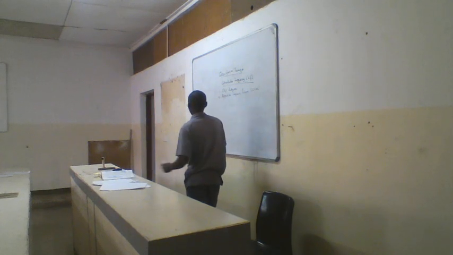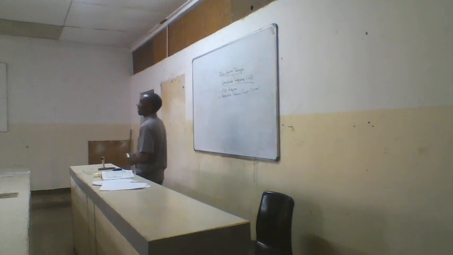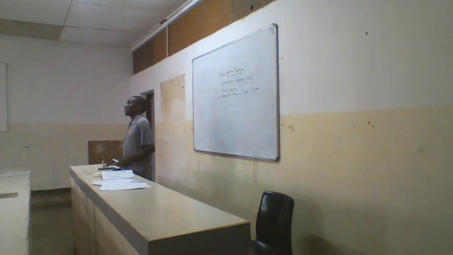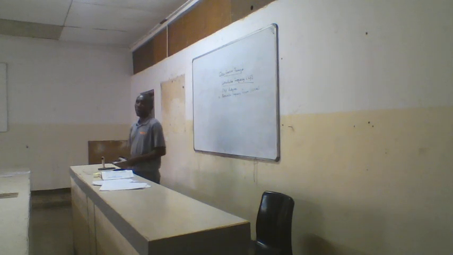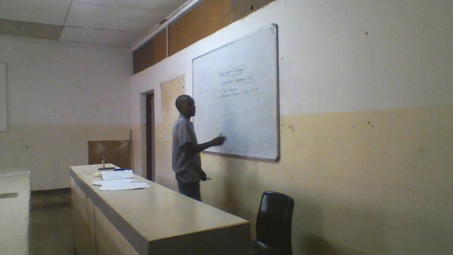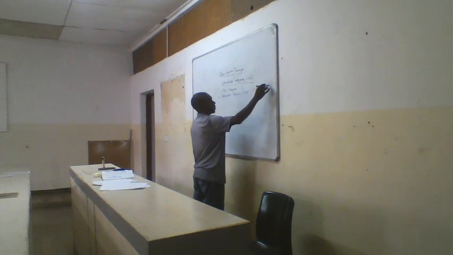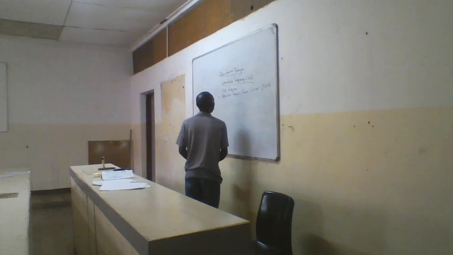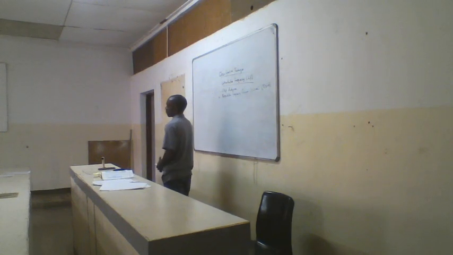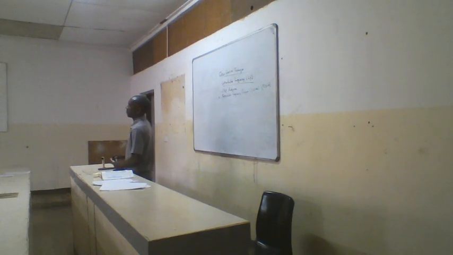In other books, they give it as an ogive. An ogive and a cumulative frequency polygon are the same.